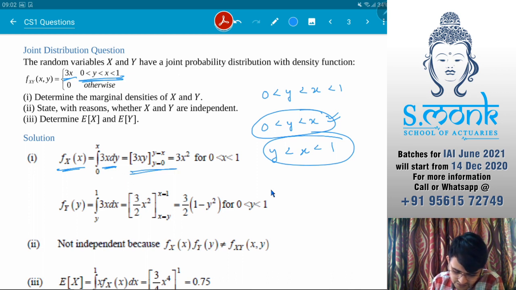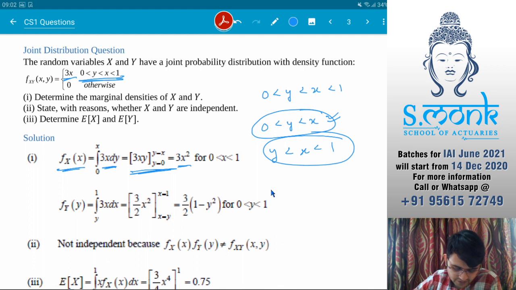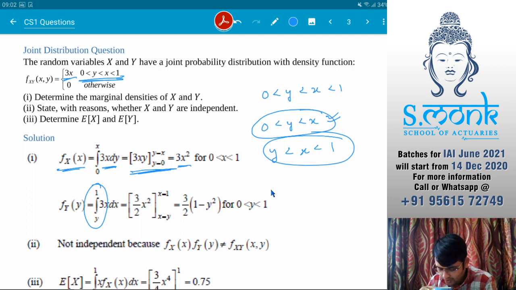So that gives you nothing but this. The limits are important whenever you are doing these kinds of sums. And for marginal f of y, you will put all values of x, so that would be y to 1.